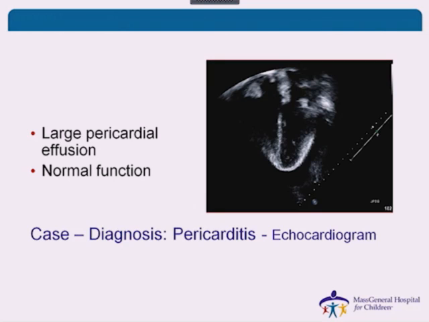In the still frame of the echocardiogram, it shows a very large pericardial effusion around this heart, causing significant compression. Her diagnosis was pericarditis, the cardiac etiology of her chest pain. This fluid was subsequently drained, and the patient recovered as her viral syndrome improved.